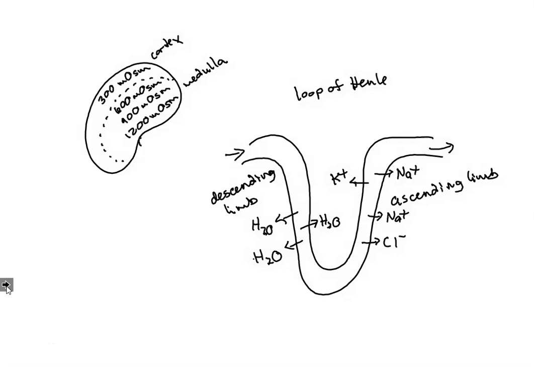Because water is being pulled out on the way in the descending limb, and ions are being pulled out in the ascending limb, that gives a higher concentration at the end. So we would have the 1200 milliosmoles here at the U-turn and about 600 milliosmoles at the top of that loop.